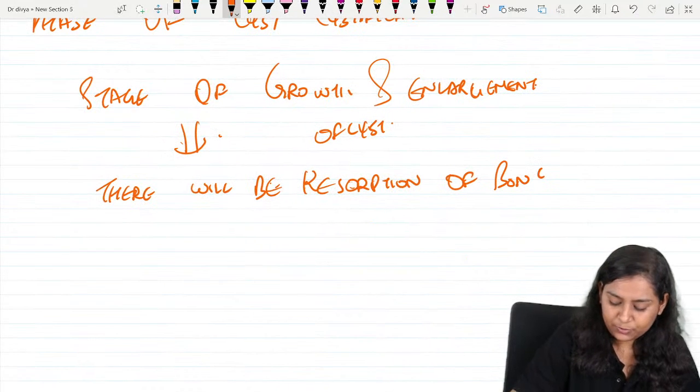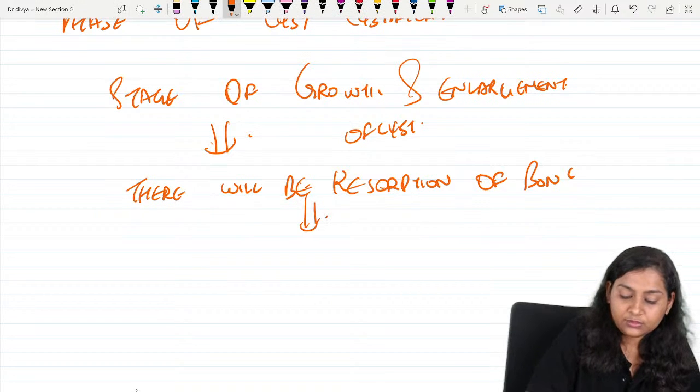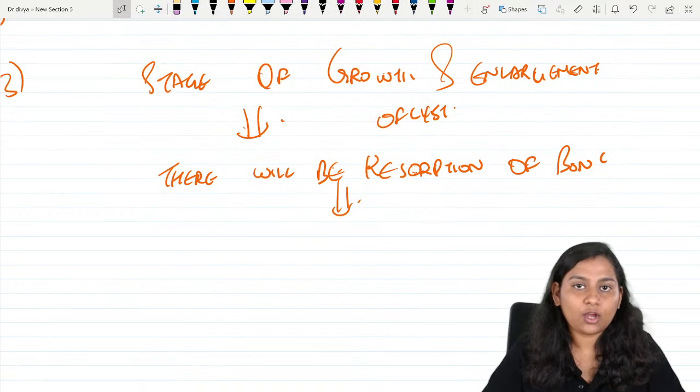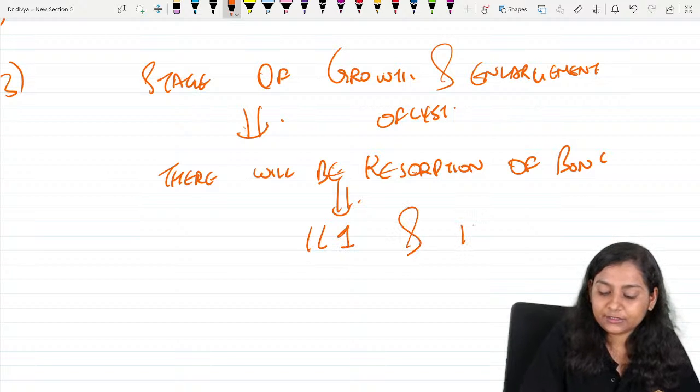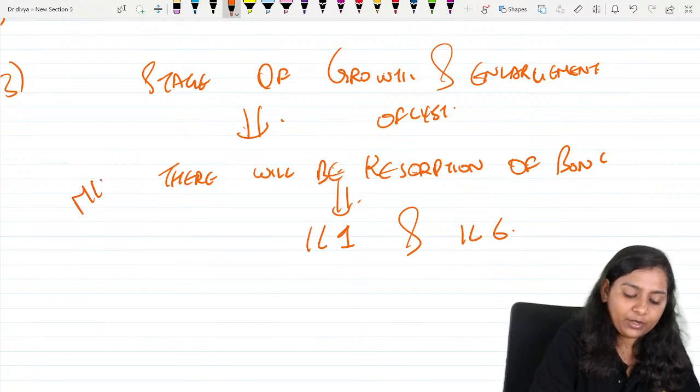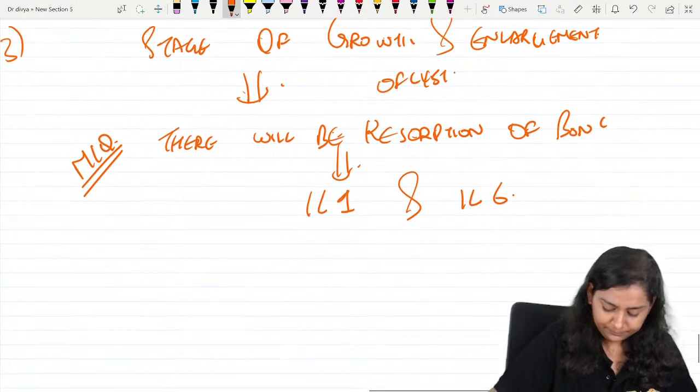The interleukins which help in the resorption of the bone are interleukin 1 and interleukin 6. Very important MCQ question. Okay.